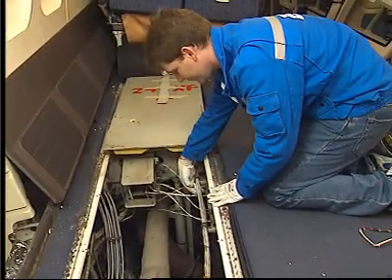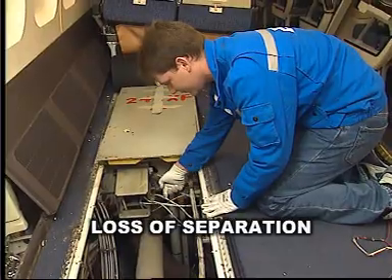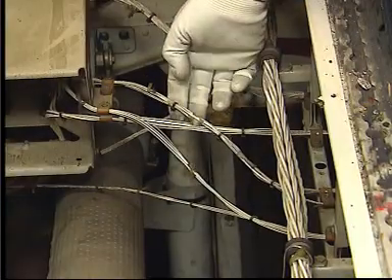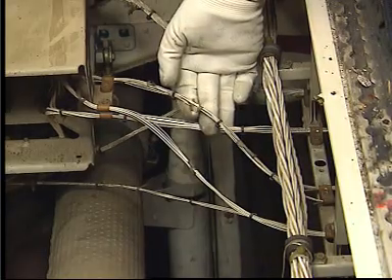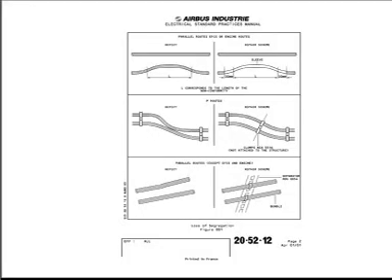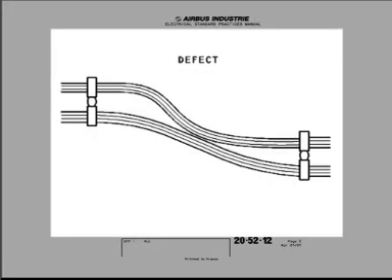For example, the loss of spacing can occur in the case of bundle sagging phenomenon due to overlength. Notice that it is mandatory to follow all repair solutions given in the Airbus aircraft technical documentation.